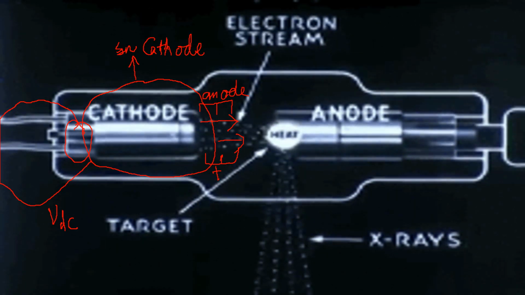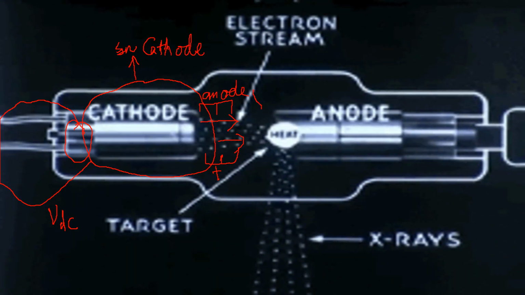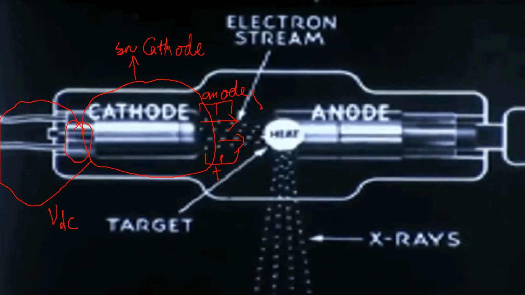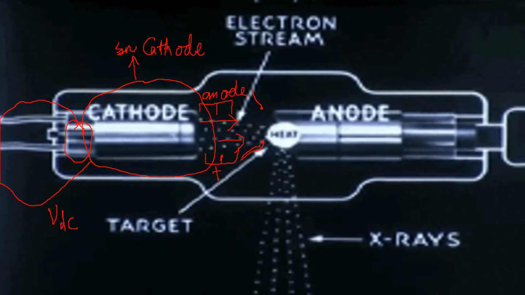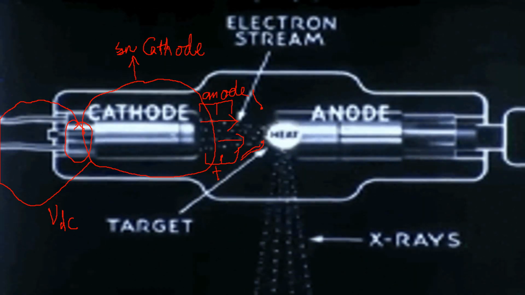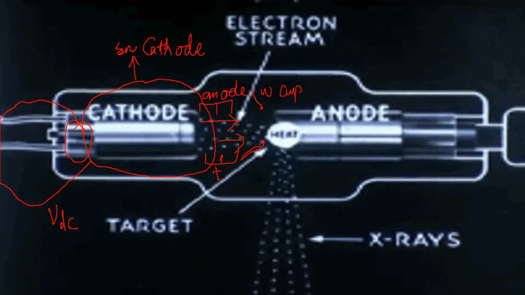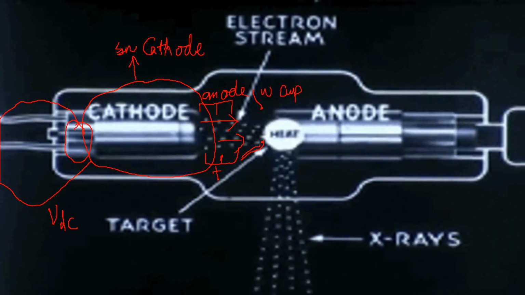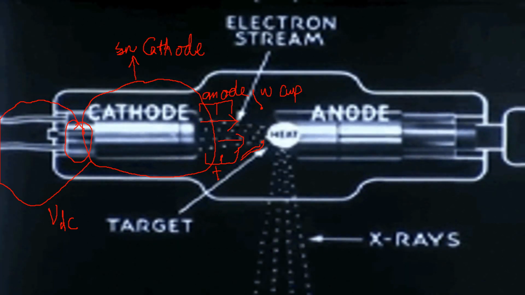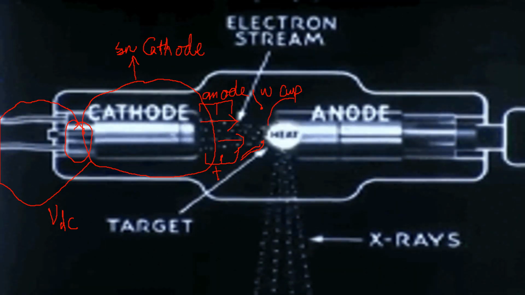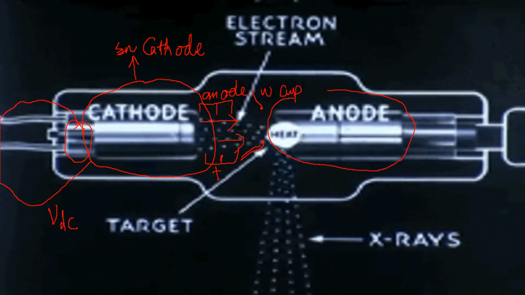There is also a device which is known as the Wehnelt cup, which is used in the X-ray tube. The Wehnelt cup will also focus the stream of electrons, like this one, the W cup. Okay, this Wehnelt cup will speed up and focus the electron beam onto the surface of the anode of the X-ray tube.